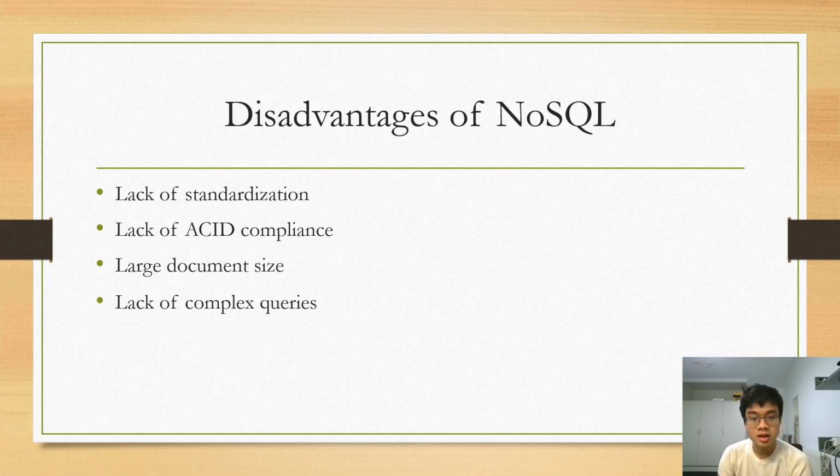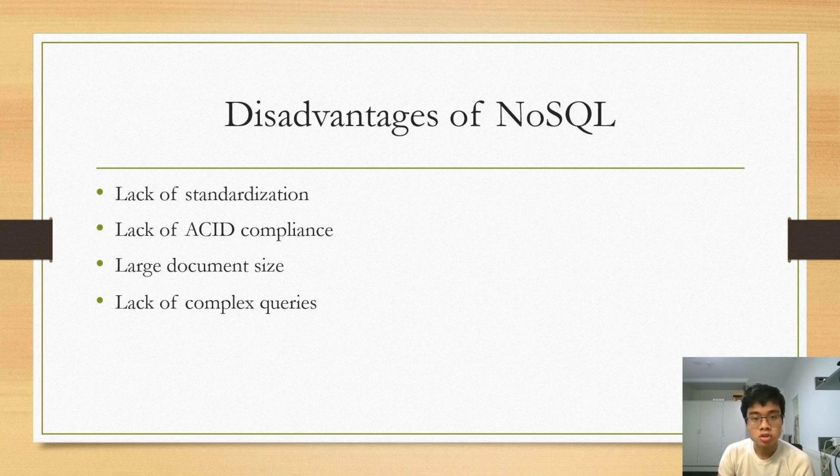Now let's talk about the disadvantages of NoSQL. The first is lack of standardization. Since NoSQL database doesn't have a specific type of programming interface, it would be hard to learn if you want to use different types of NoSQL database at the same time. Next, lack of ACID compliance.